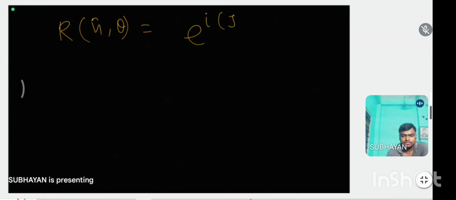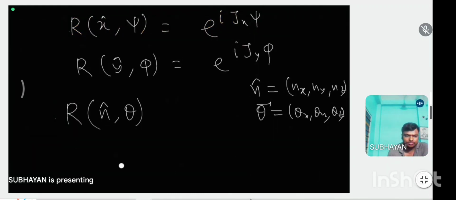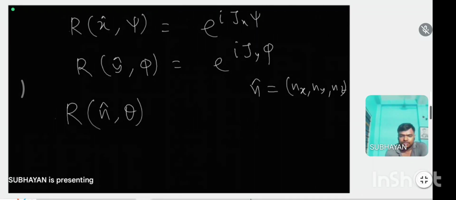Okay, that means you can write this way: Jx nx plus Jy ny plus Jz nz, of theta. Suppose we are dropping this one because theta is just an angle of rotation. For the time being, we are not worried about it.